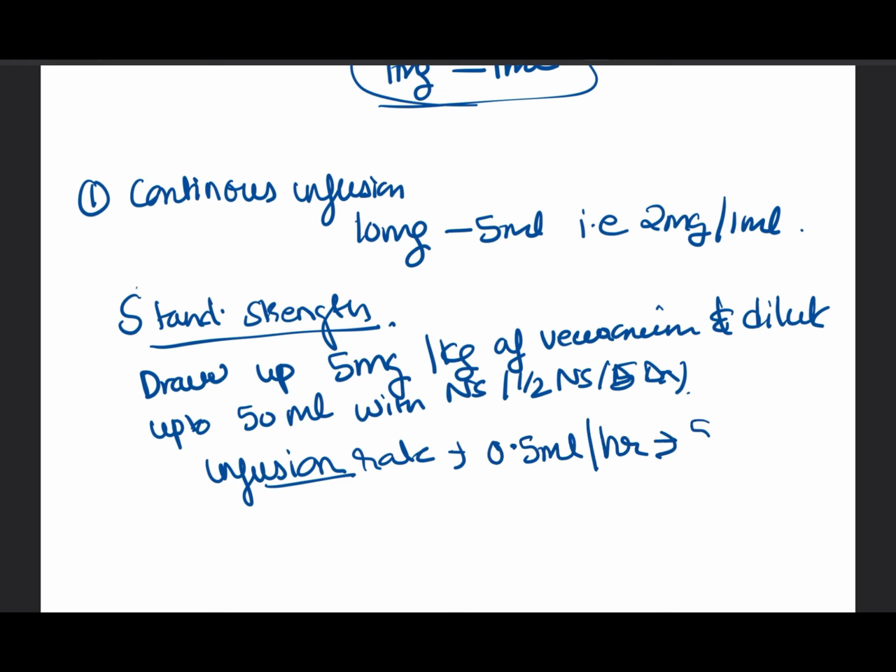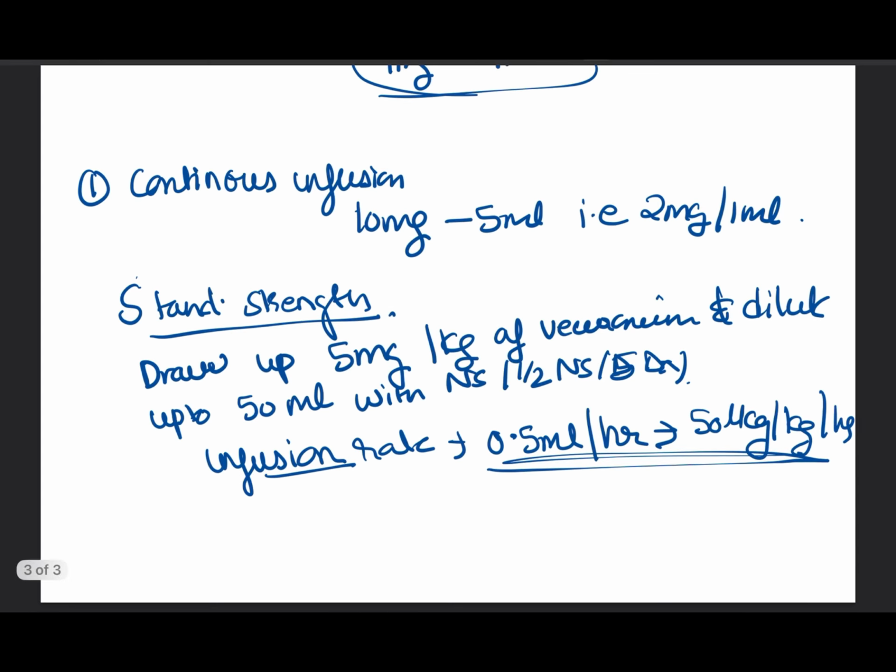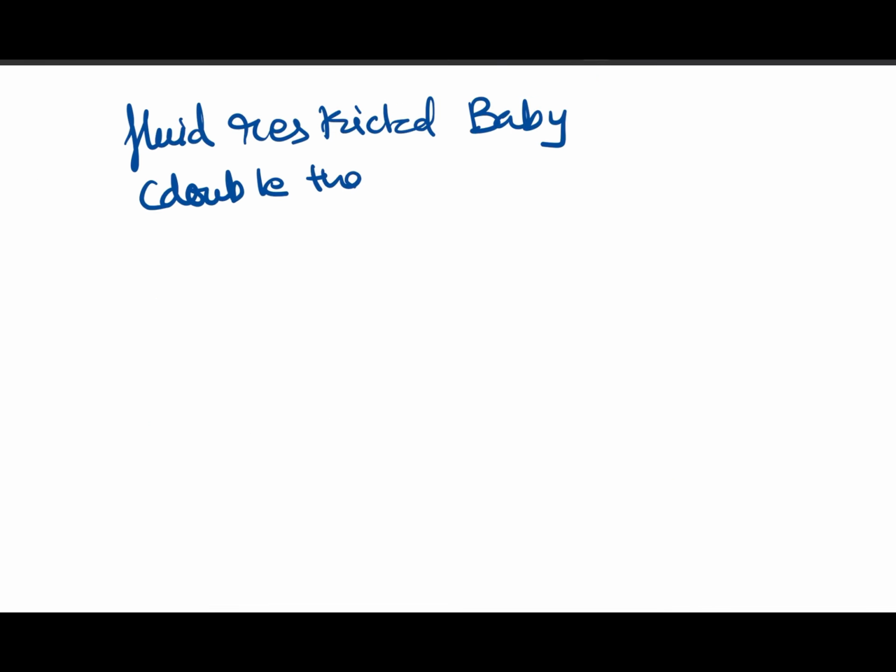This reconstitution will give you an infusion rate of 0.5 ml per hour equal to 50 microgram per kg per hour. All right, 0.5 ml will give you 50 microgram per kg. So this is the standard strength. But in a fluid-restricted baby, you want to increase the concentration, so you double the concentration for a lesser amount of fluid.